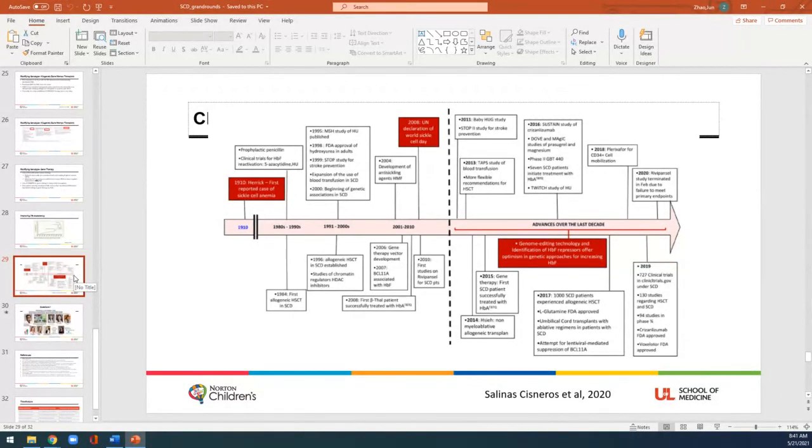We have a very unique triad model, where there is the provider, the patient, as well as a community-based organization. We call that the CBO, and our community-based organization is the Sickle Cell Association of Kentuckiana. This triad model works, and we are trying our best to keep the patients within the medical system after their transition to the adult side.